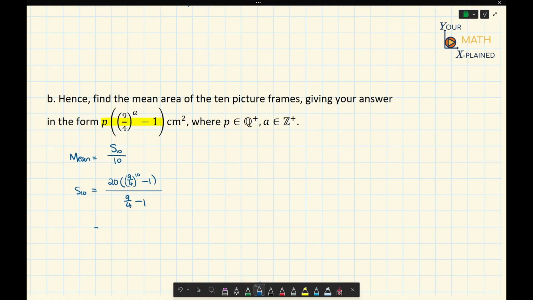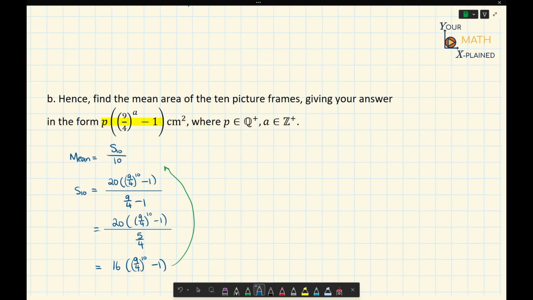So we get this is equal to 20 times 9/4 to the power of 10 minus 1 over, and 9/4 minus 1 is just 5/4. And now we can go ahead and simplify this into 16 times 9/4 to the power of 10 minus 1. And then finally, we can take this and substitute it back into our mean equation.